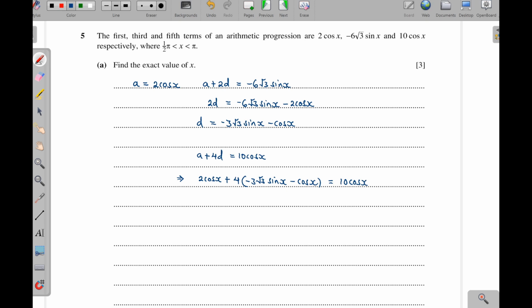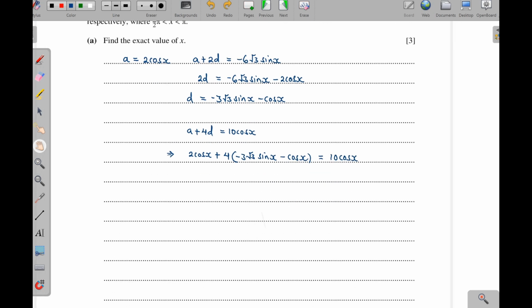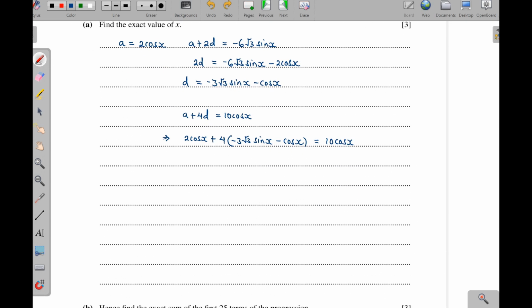And then now you can see that everything is in terms of x. Now we can solve this trigonometric equation. Now we have 2 cosine of x, then minus 12 root of 3 sine of x, and then 4 times this one, so it will be negative 4 cosine of x, which is equal to 10 cosine of x.